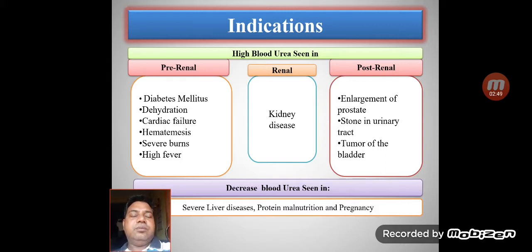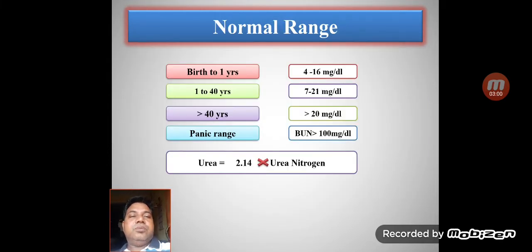There are certain conditions in which blood urea decreases, seen in severe liver diseases, protein malnutrition, and pregnancy. The normal range of blood urea nitrogen from birth to 1 year of age is around 4 to 16 milligram per deciliter, from 1 to 40 years it is around 7 to 21 milligram per deciliter, and above 40 years it is more than 20 milligram per deciliter.